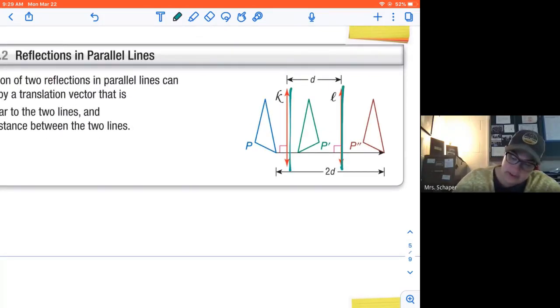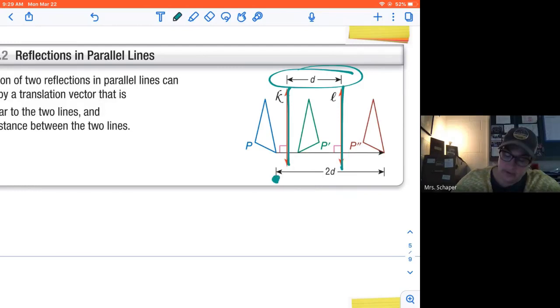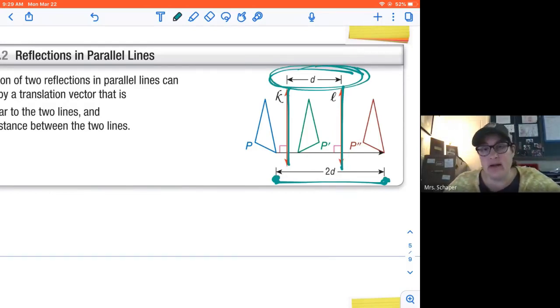So we've got our 2 lines here. Okay, we have our distance between the two parallel lines. When we reflect it twice, so once over the first parallel line, then again over the next parallel line, the distance between the very first image to the double prime image is going to be double the distance of the parallel lines.